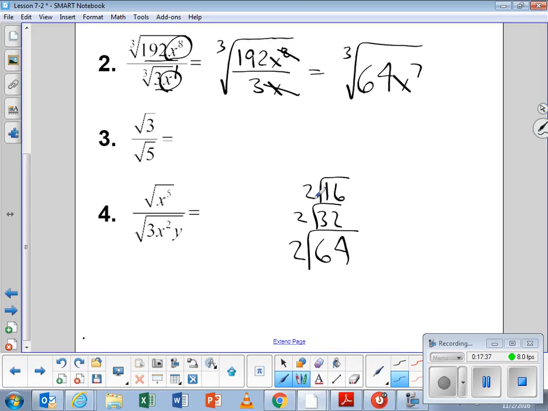Use a calculator if you need to. 2 goes in there 8 times, 4 times, and twice. So 64 is 2 to the 6th power. If we broke that up, that would be 2 squared to the 3rd power, which is 4 cubed. That's how we get 4 times 4 times 4 is 64.